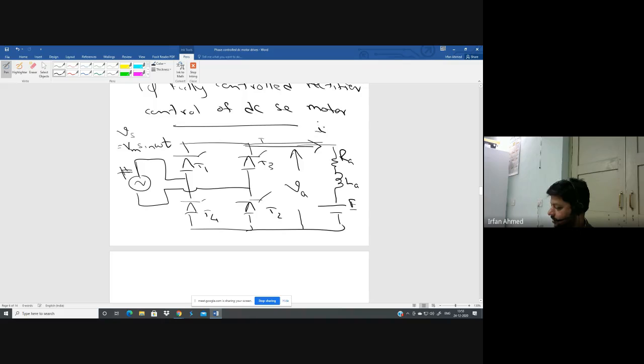And this is the armature current. Note that I'm using lowercase for VA and IA because these are not perfect DC. They will change. However, E we are assuming is constant. That is why capital E is used. However, if we are going for transient studies, then E also becomes lowercase.